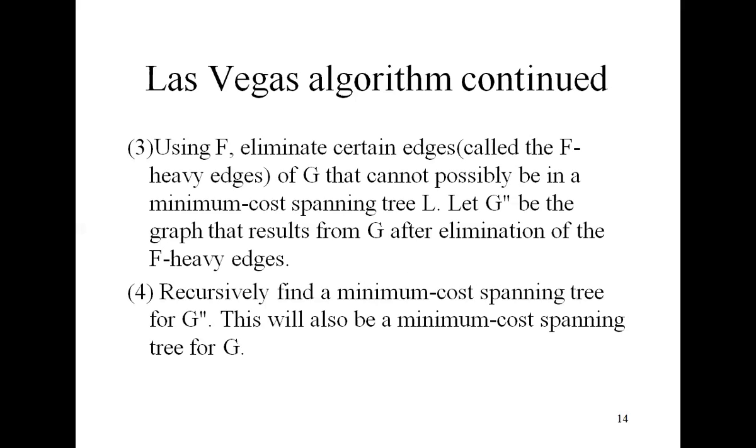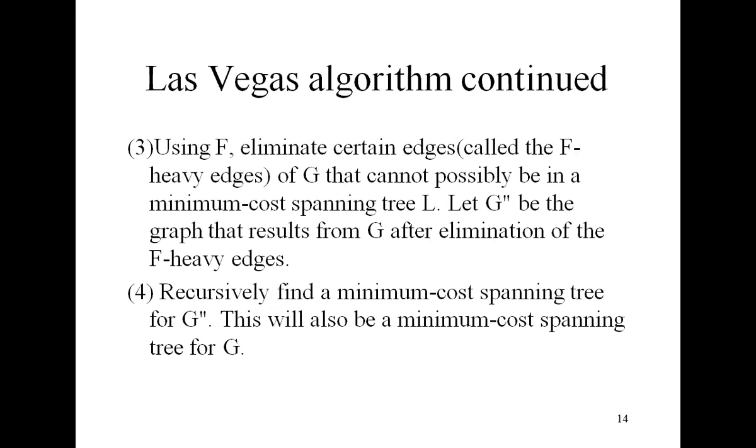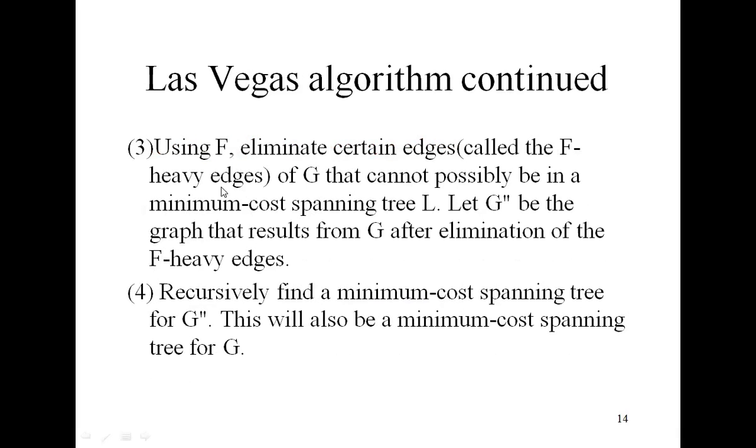In this, some of the edges are taken from the original graph G. Steps 1 to 3 are useful in reducing the number of edges in the graph G. Steps 1 to 3 mean: first, randomly sampling m edges and finding the G dash subgraph by selecting the sample edges, and third, eliminating the F heavy edges, that is, the more expensive edges.